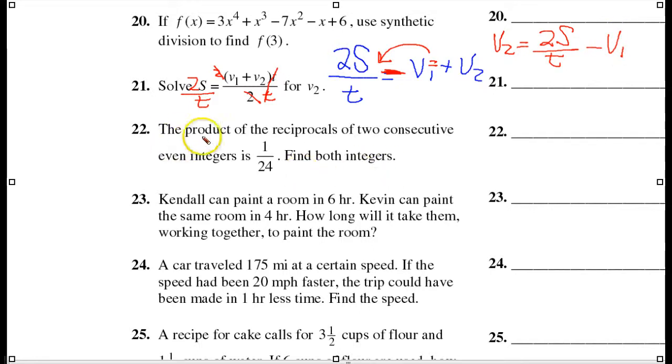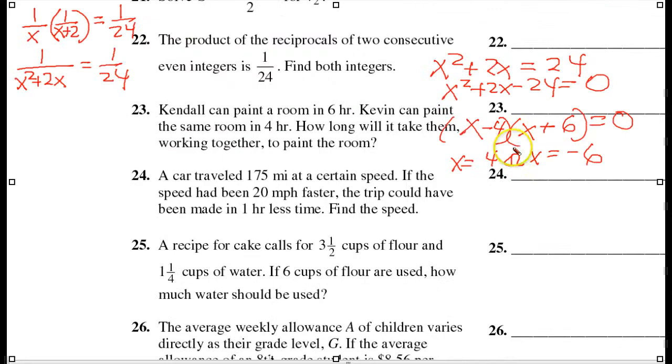Okay, let's look at some of these others. Now I would suggest that you may want to go back and read this on your own, which is what we'll do for a number of these, but I've worked it out for you. Here are the product of the reciprocals of two consecutive even integers.